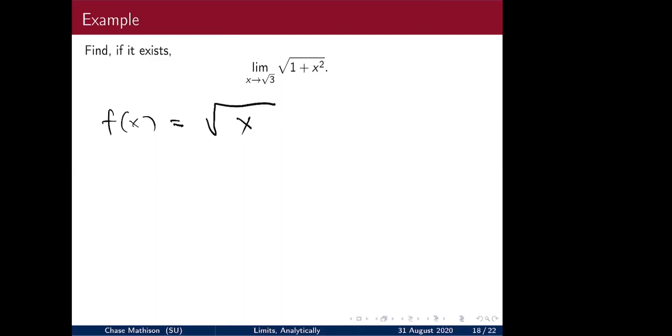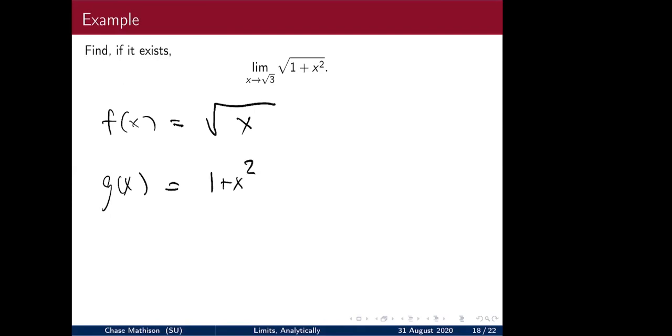That's our outside function. And our inside function, the function that I'm plugging in, g of x, is what? One plus x squared. Perfect.